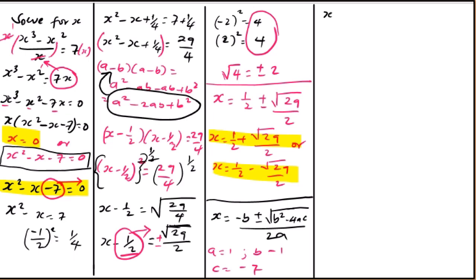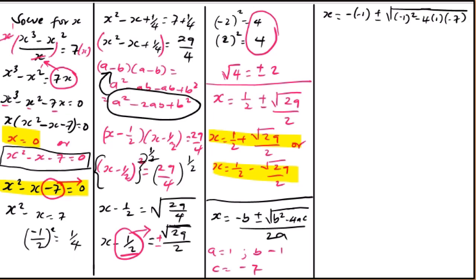becomes x equals minus b. Remember, b is negative 1. Okay, therefore we have negative 1 there, plus or minus root of b squared. B is still negative 1, therefore we have negative 1 squared, minus 4. A is 1 and c is negative 7 here.